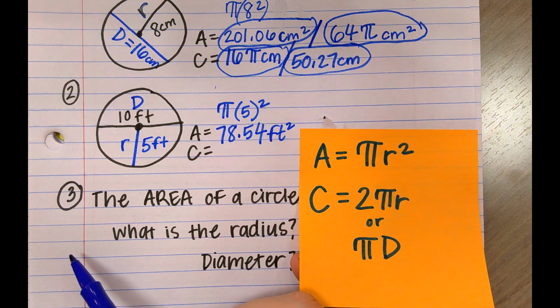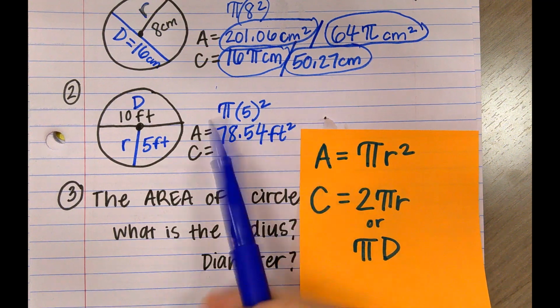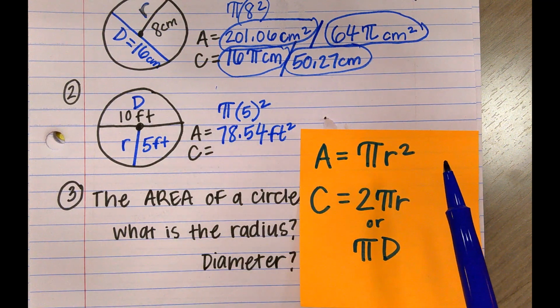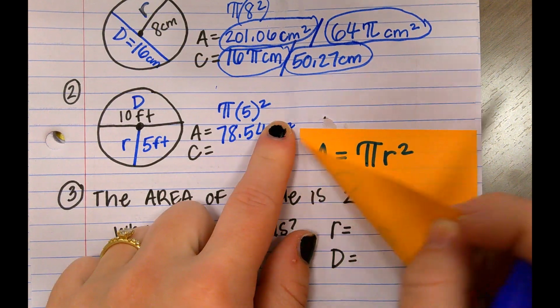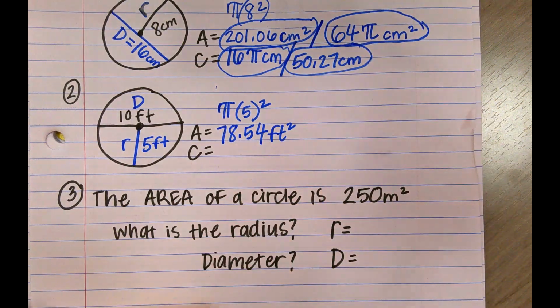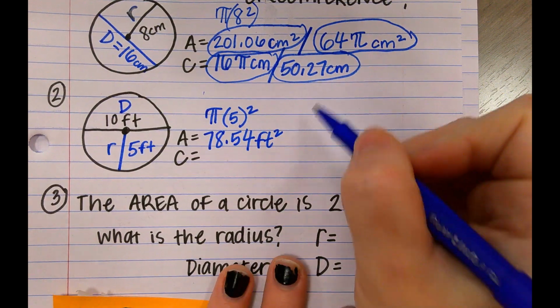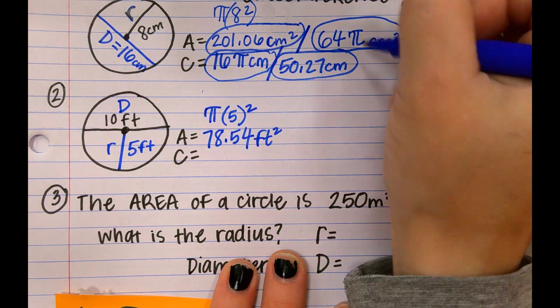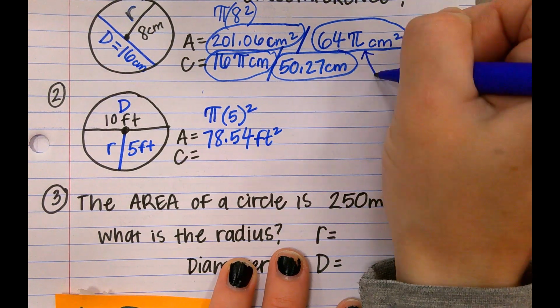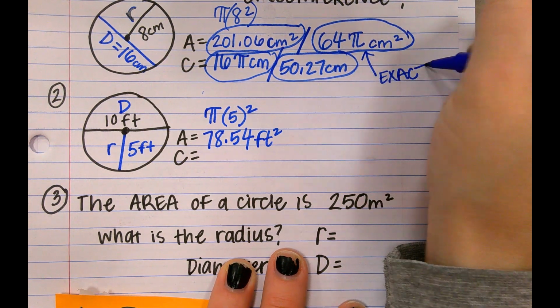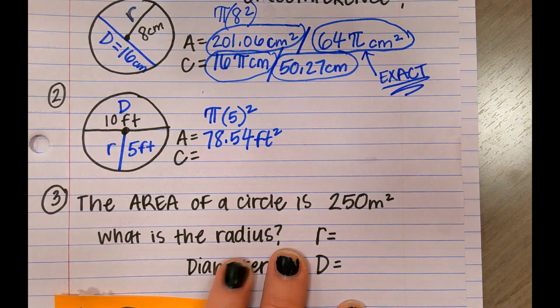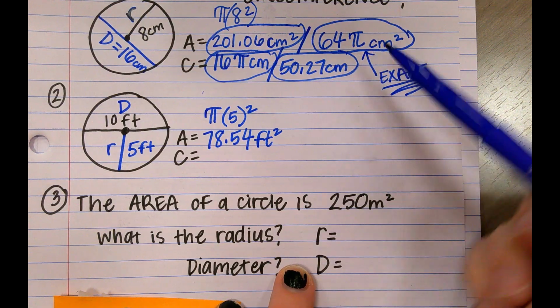Okay. What would my exact area be without typing it in? And when I say exact, I mean using pi without decimals. So that's an example of an exact area.